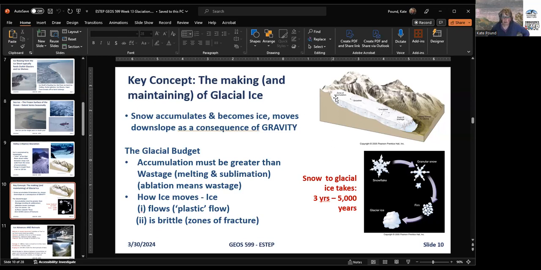So if we go to this upper diagram here, we have our zone of accumulation. So that's where it all starts. Our snow falls, it tends not to melt. Somewhere partway down the valley glacier, there'll be what we call a snow line. And that effectively is the line that marks where snow above that will stay, won't melt.